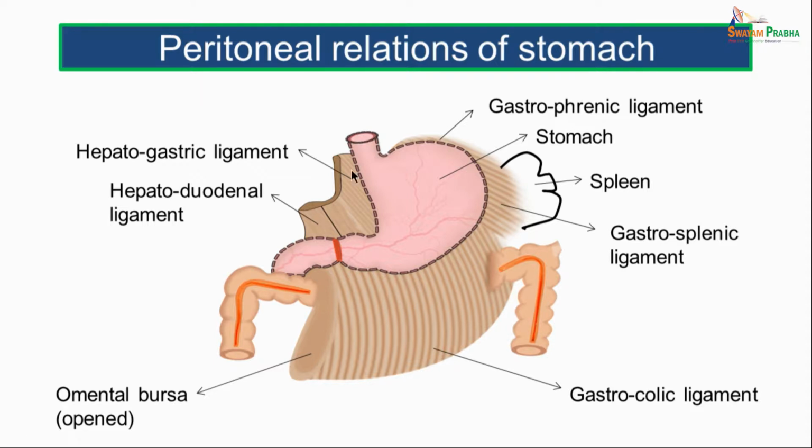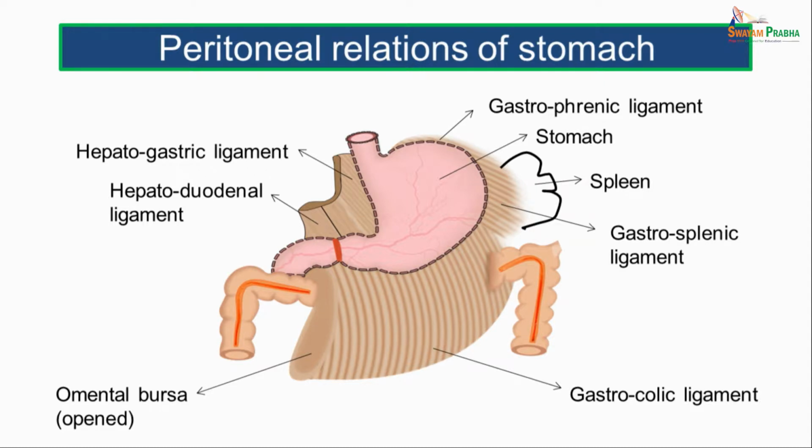From the remaining part of the greater curvature, this bilaminar fold of peritoneum goes down towards the lower abdominal area, folds on itself and comes back as the greater omentum. It is also called as the gastrocolic ligament.